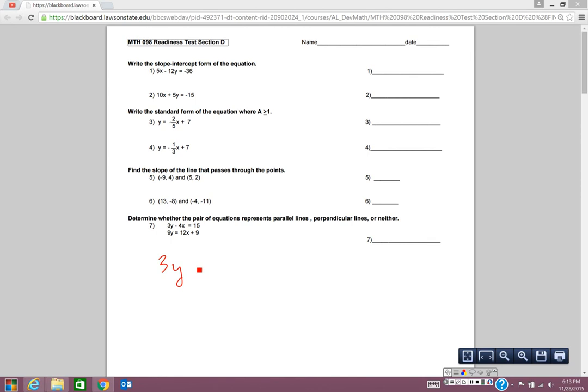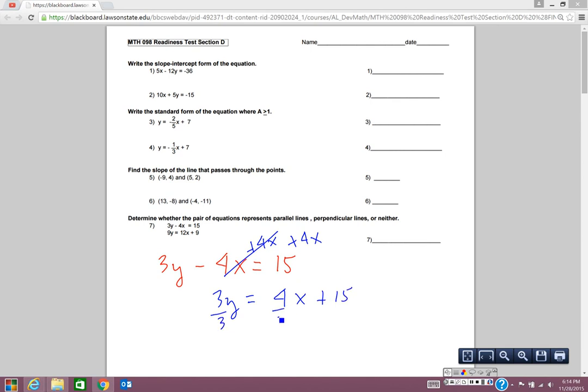Let's find the slopes of these two lines. In order to find the slope, you can simply put this in slope-intercept form. So what you can do here is get y by itself by adding 4x to both sides. This will cancel out. You have 3y equals 4x plus 15.